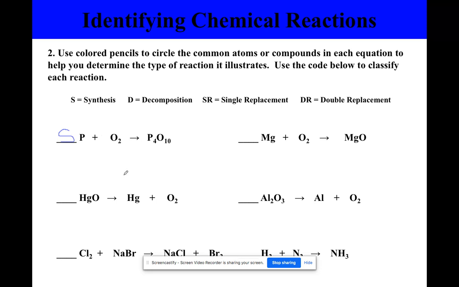Why don't we try another one? Let's try this one, right? Now we have, what is this here? This is a compound, right? Because look at it. We have this element. If we go to the periodic table to check to make sure, this is Hg, mercury, plus oxygen. So now we have two elements that are together. We call this a compound, right?